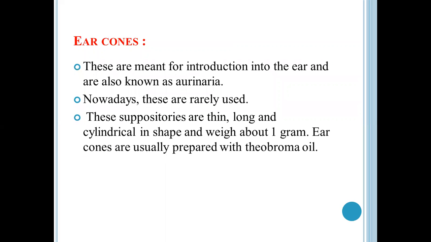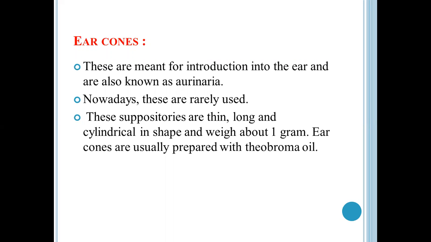Then the next one is ear cones. These are for insertion into the ear, and they are also known as auricular suppositories. Nowadays they are also rarely used.